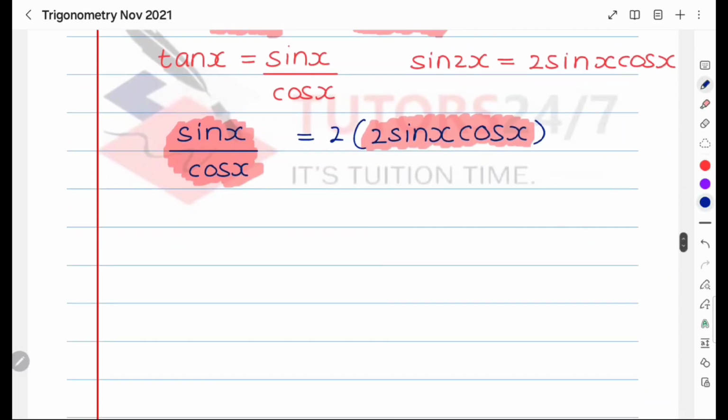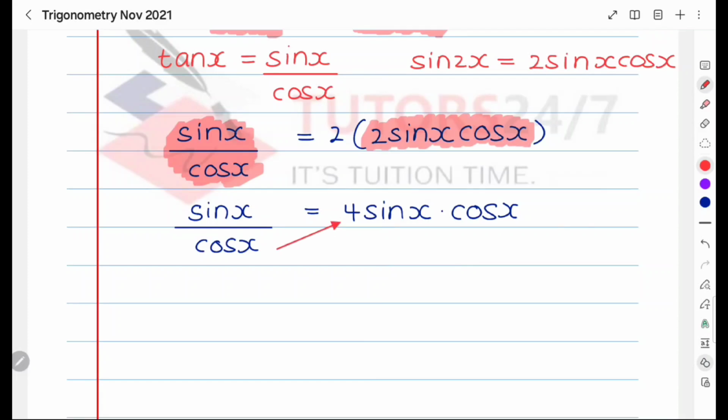From here, we can multiply the 2 and 2, giving us sine x over cos x is equal to 4 sine x cos x. We can then cross multiply.